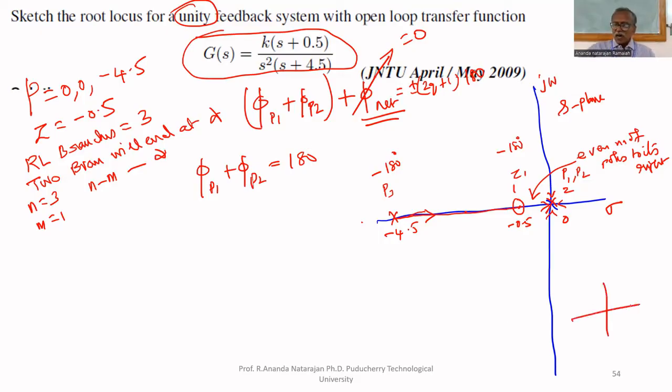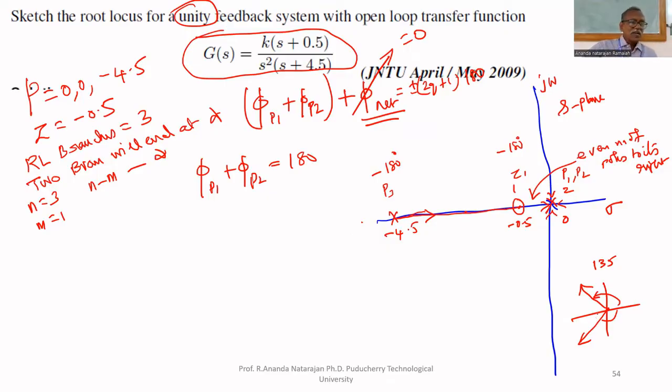Let us assume this is the origin. If the root locus comes out from the origin at this angle, say 135 degrees, then at the symmetric position the angle is minus 135. If you add these two, you get 0. But we need an odd multiple of 180.